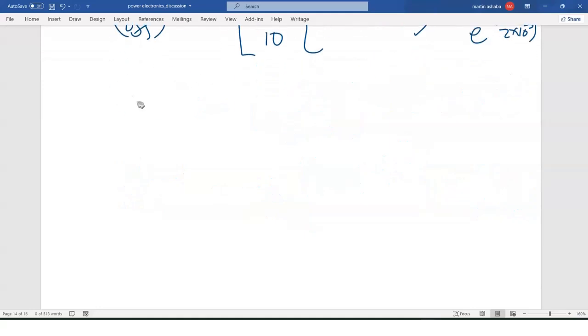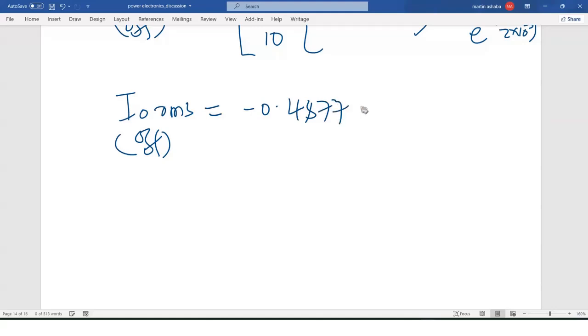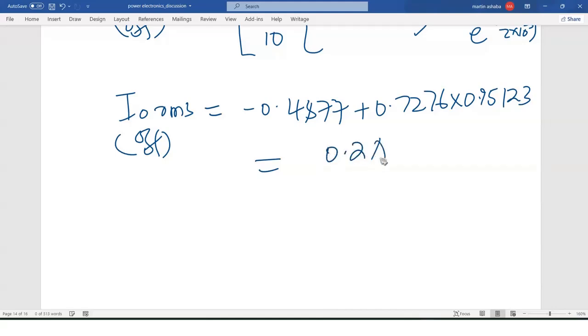So what is this value going to be? I naught when the chopper is off. This is going to give us negative 0.4877 plus 0.7276 times 0.95123, and this is equal to 0.2 amps.